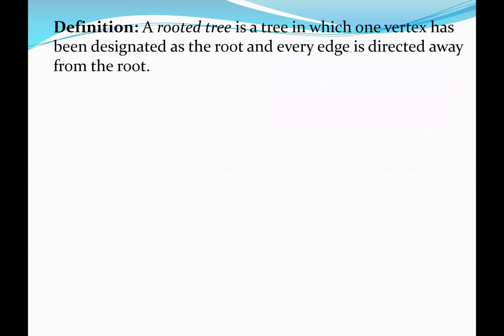Now, as I said in the first pictures that you saw, a tree needs to have a root. So how do we define a rooted tree? A rooted tree is a tree in which one vertex has been designated as the root and every edge is directed away from the root.